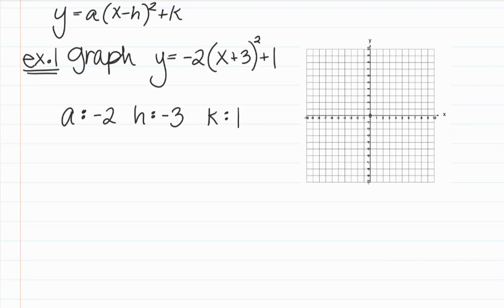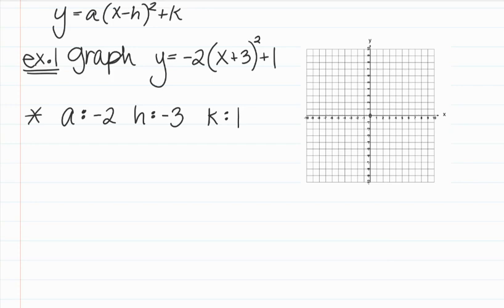So since I have x minus h and I have x plus 3, h would have to be -3, because x minus -3 equals x plus 3. So keep that in mind as you go through this. That's why it's really important that you take a second and identify each part. That way your brain's not trying to organize a ton of brand new information all at the same time.